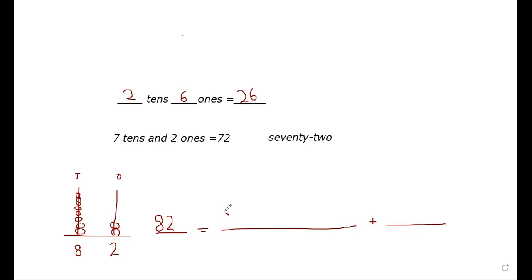So 8 tens and 2 ones. And in the last one, you have to write like this: 80 plus 2.